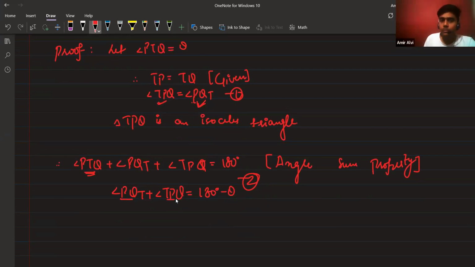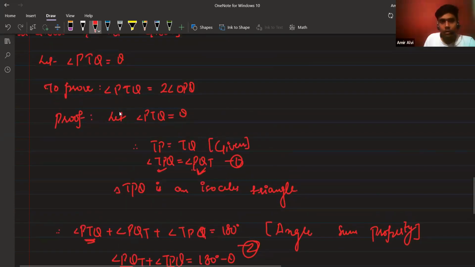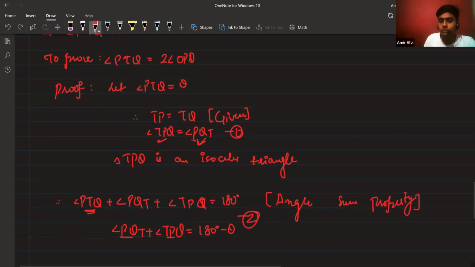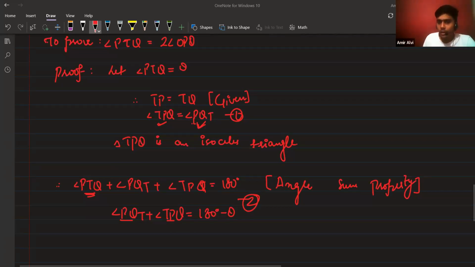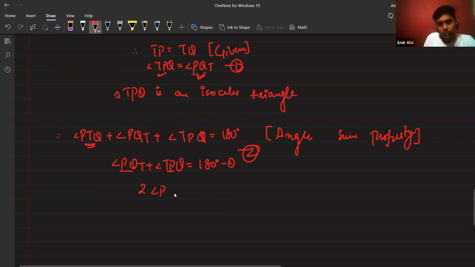So I need the PQT. Either you can use any name of the triangle. So it would be 2 into angle PQT is equal to 180 minus theta.